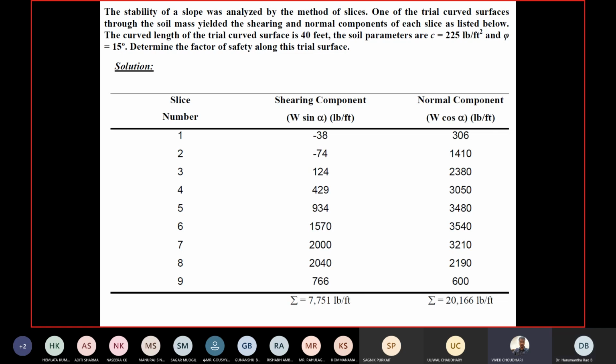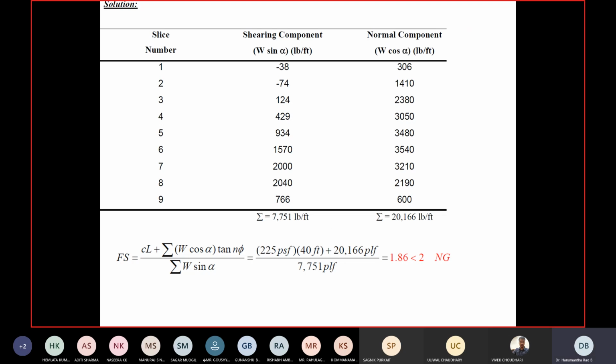Correct. Similarly, for the denominator, we will use W sin alpha. So you know the c value, you know the phi value. So this is the equation: factor of safety is nothing but c L plus summation of W cos alpha into tan phi, divided by summation of W sin alpha.